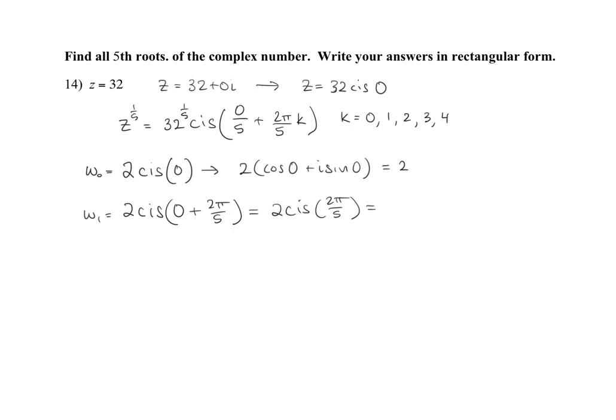And then we have 2 times the cosine of 2 pi fifths plus i sine of 2 pi fifths. Cosine of 2 pi fifths is 0.309. The sine of 2 pi fifths is 0.951.